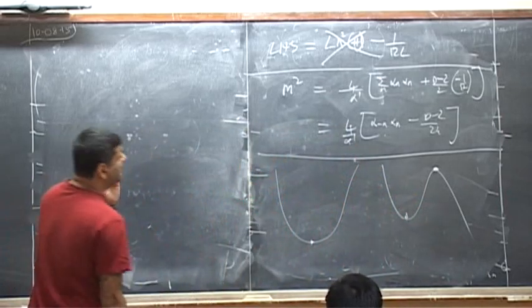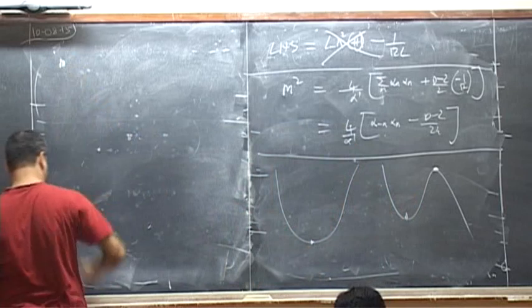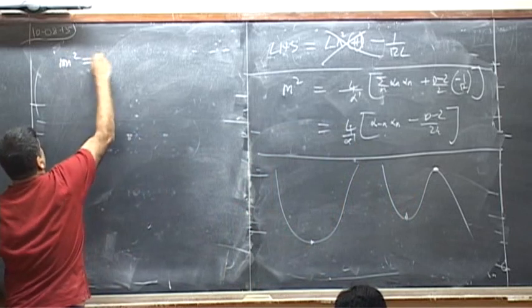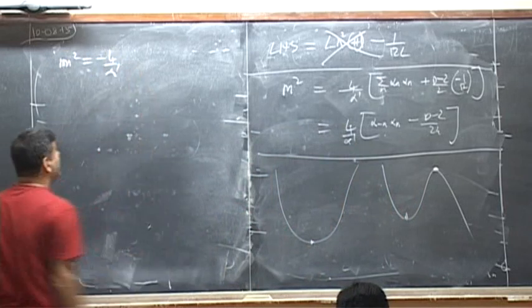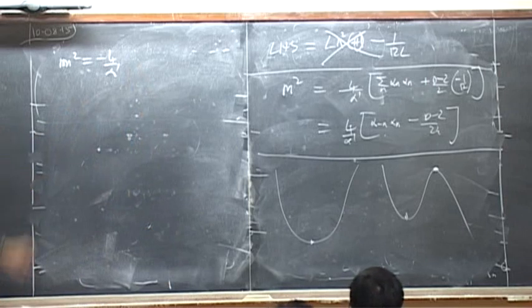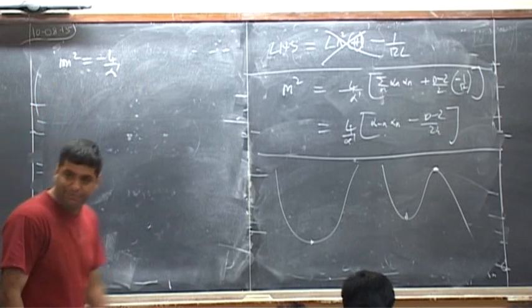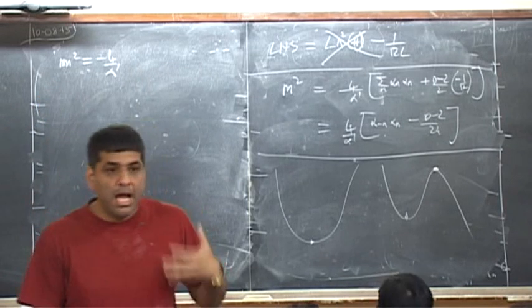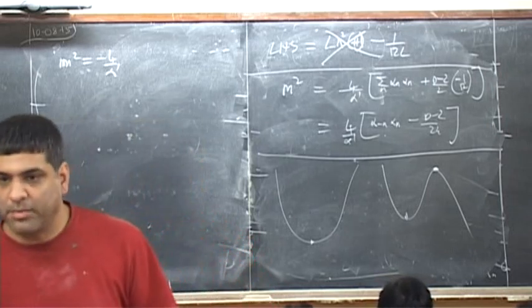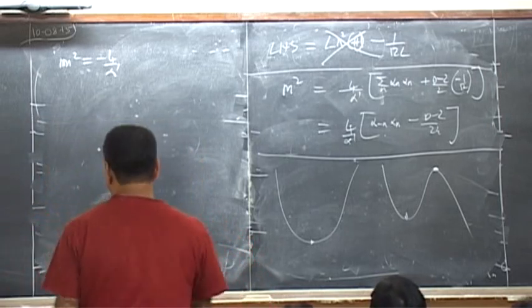The lightest state of the theory is m squared equal to minus 4 by alpha prime. By the way, I got this number right. I remember the minus 4 by alpha prime. So we've got this nice m squared equals minus 4 by alpha prime, and that's the ground state.